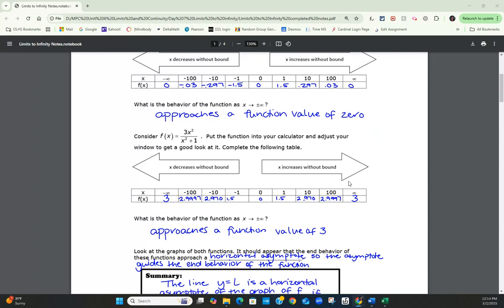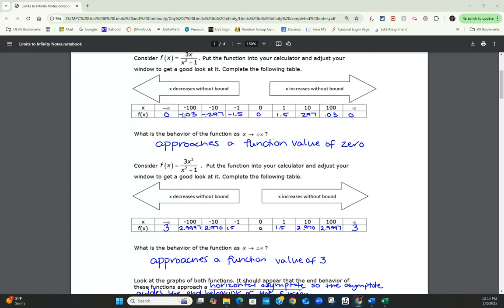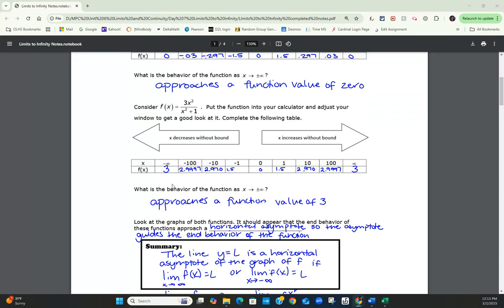All right, so if we change this function slightly and we square the x in the numerator, and again put it in your calculator and adjust your window, you can notice that the values for the inputs are the same. And again, if you want to manually, algebraically substitute in these x values, you'll get these output values, or if your window is set so you have an x-min of at least negative 100 and x-max of at least 100, then you could do second trace value and get those as well.